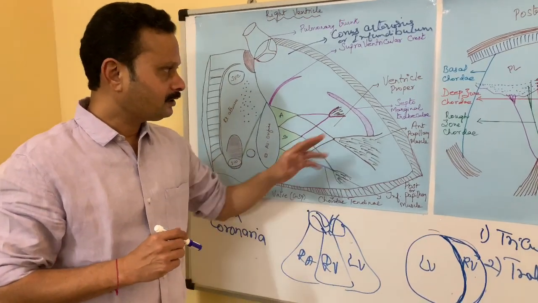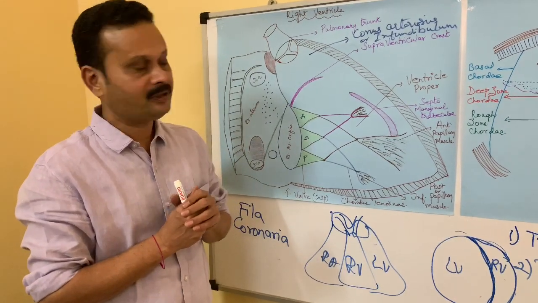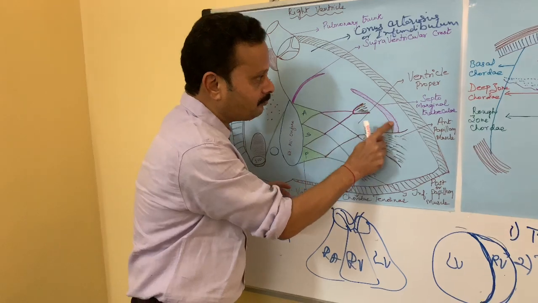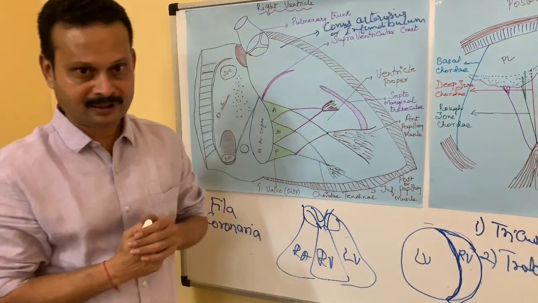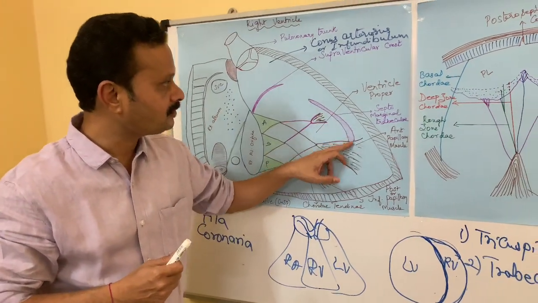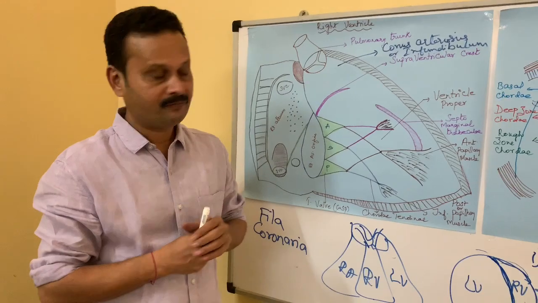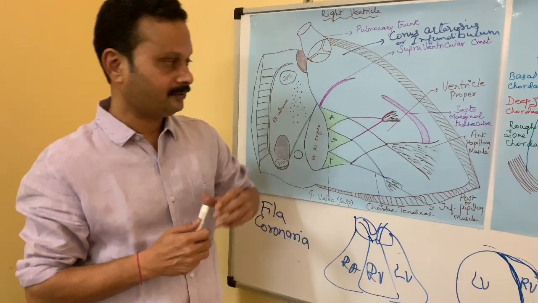This prevents over distension of the right ventricle, which cannot be enlarged much because this bridge connects the septum to the sternocostal surface. Hence, this septomarginal trabeculae is also called the moderator band because it prevents over distension of the right ventricle.